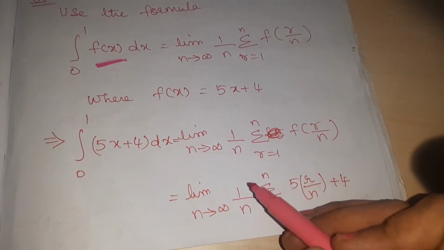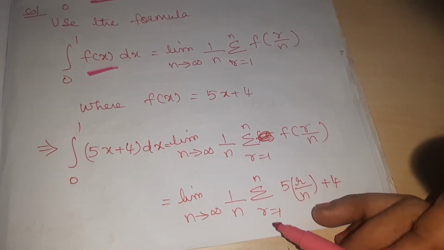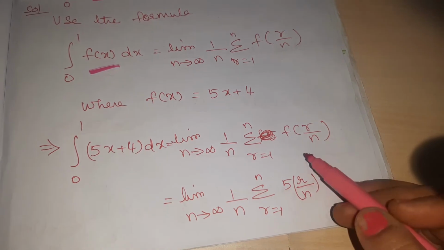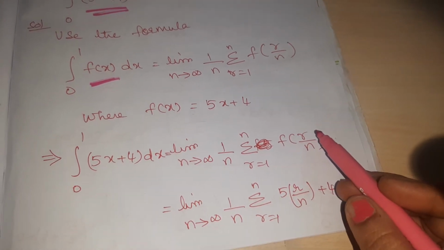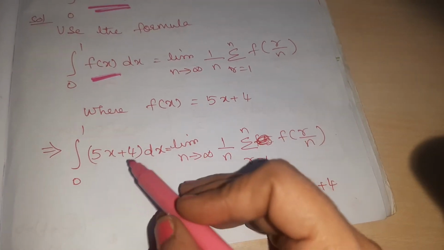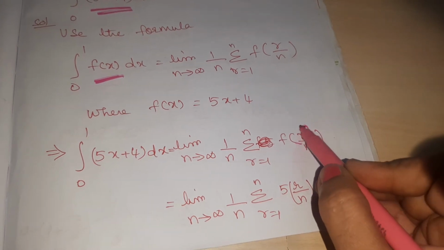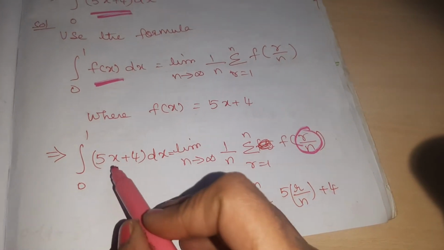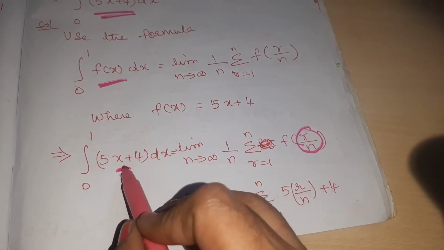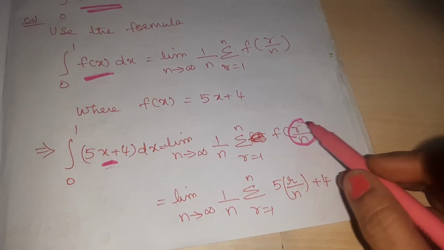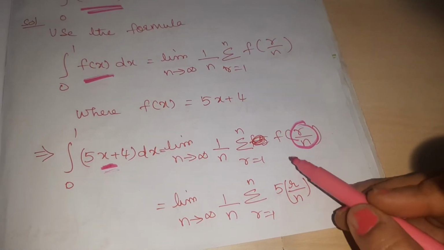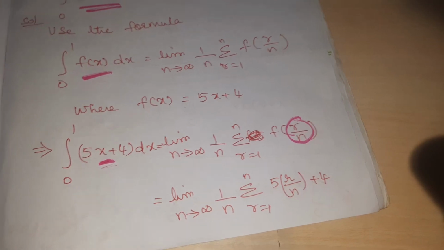Wherever I have x, I need to substitute r by n. So instead of x, I substitute r by n. So 5 into r by n plus 4.